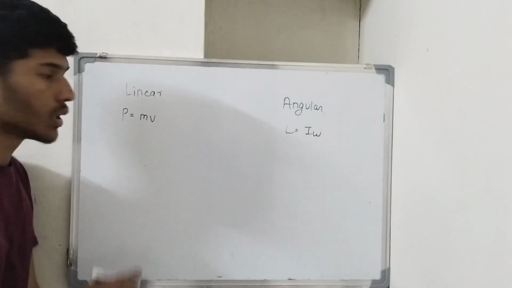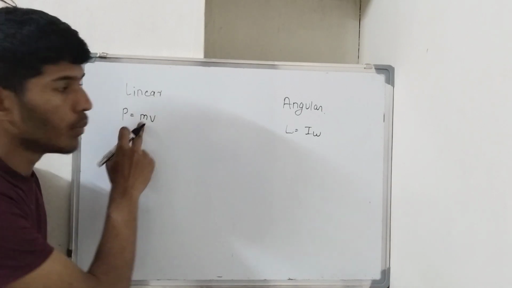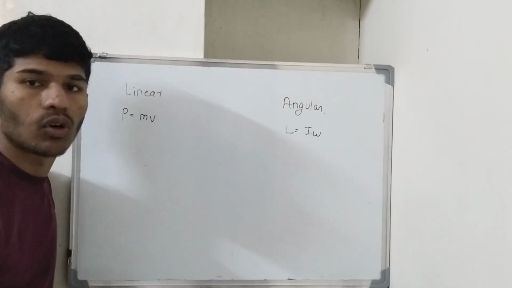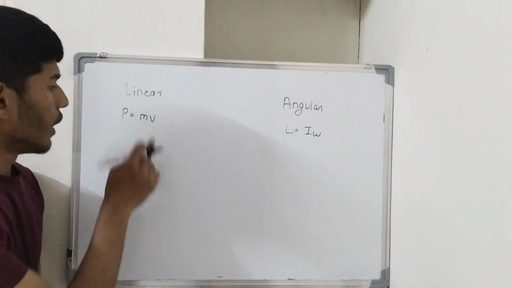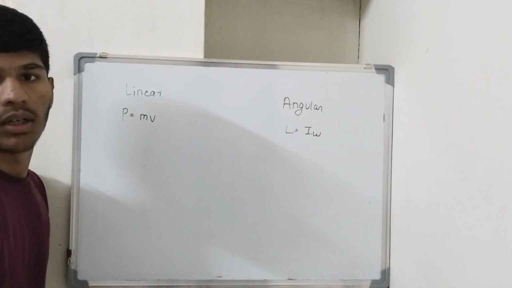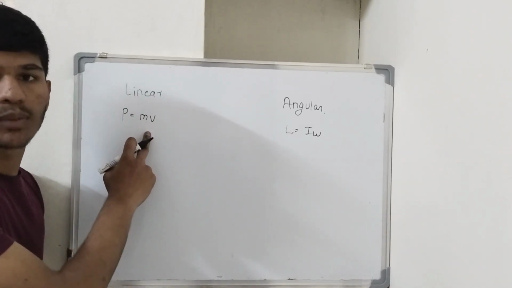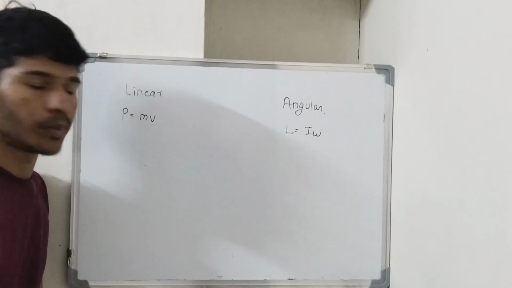Now, we had already discussed that m is replaced by I, that is why I is called moment of mass, and here v is replaced by omega. So here it is linear speed and here it is angular speed.